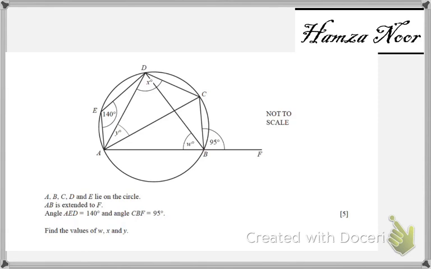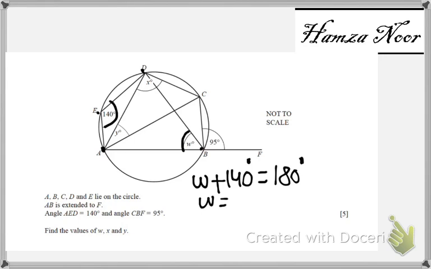Okay, so the first thing is, if you look at this figure, A, E, D, and B is a cyclic quadrilateral, and this angle E is 140, so W plus 140 is equal to 180, the opposite angles of a cyclic quadrilateral.